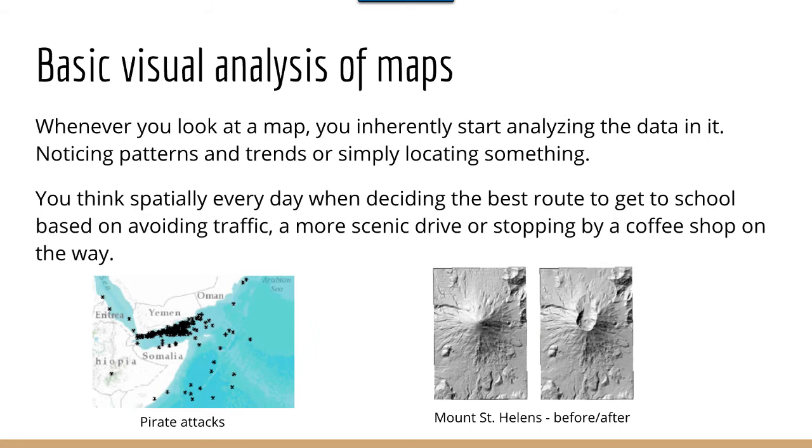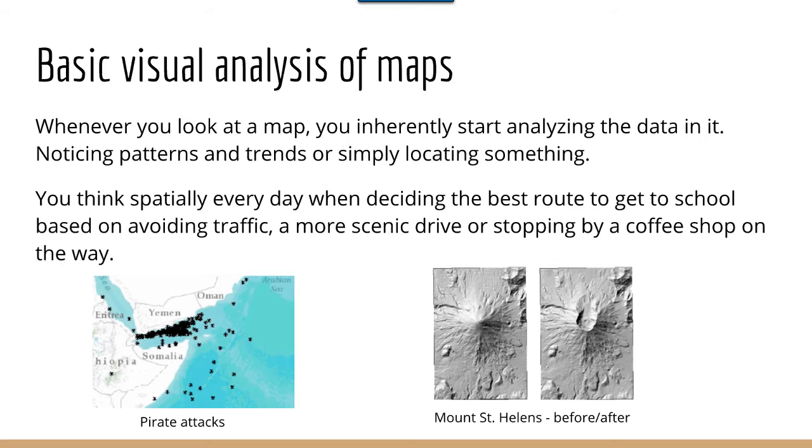So visually, just interpreting information by looking at a map. Remember that we're spatial by nature as humans. We think about how we drive to get to school and to work every day. You're thinking about the shortest way or the route that takes you by the coffee shop or maybe the pretty drive. A lot of people cut through the Blue Ridge Parkway through town as a commute route because it's a nicer drive on the Blue Ridge Parkway. So we're doing basic geographic spatial analysis in our mind all the time.